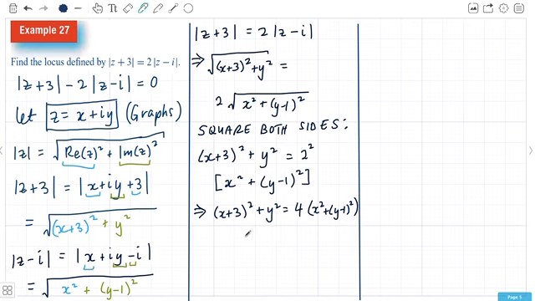Now it's a good idea here to expand things. Okay, so expand out the x plus 3 and the y take away 1. So I'm just going to write this out with both brackets. You can do this in your head. Just for me, just for the working here. And we've got 4x squared, just going to put the 4 through, plus 4.